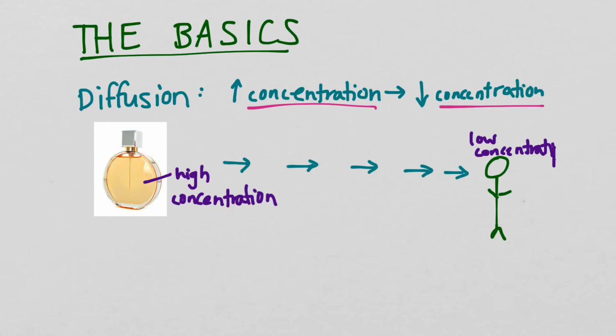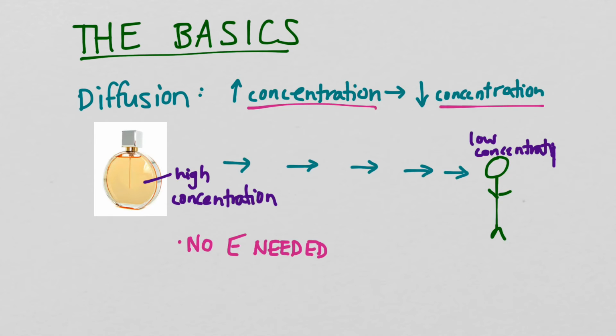And that is because the molecules will move and diffuse from an area of high concentration to an area of low concentration. And a key thing to remember is that there is no energy needed for this process. Okay, this just has to do with the movement of molecules. It's not requiring energy.